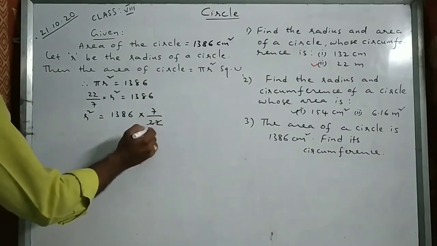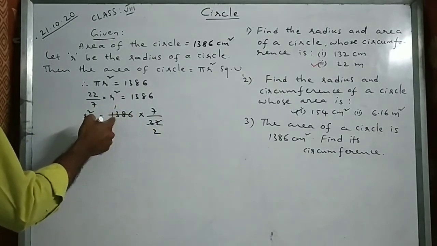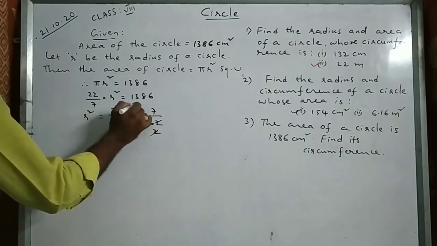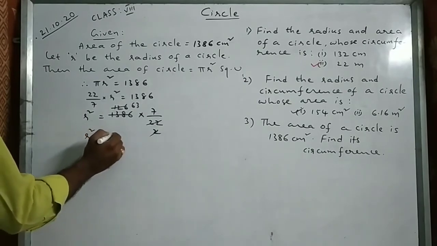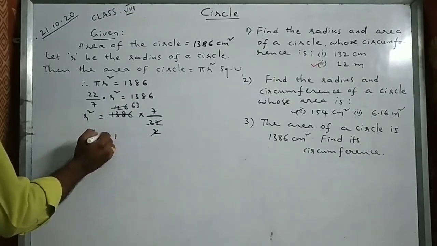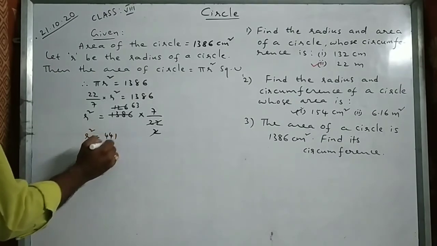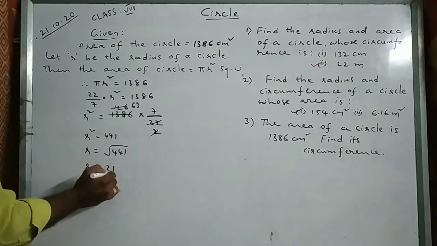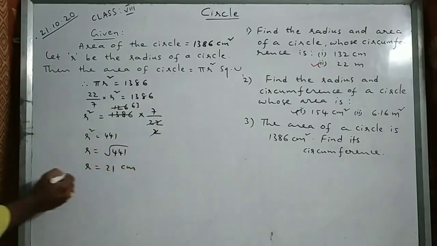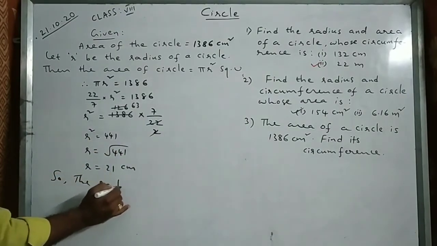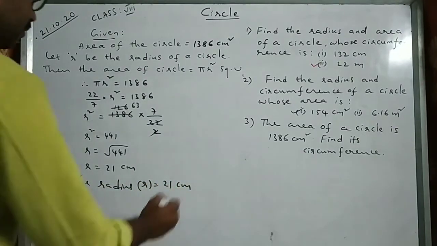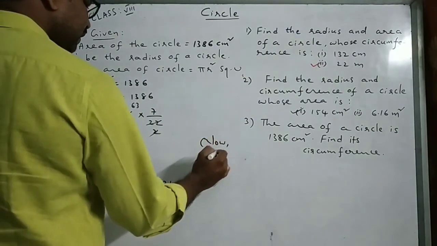Transpose that side. 11 2s are 22, 11 1s are 11, 11 6s are 66. Is it a perfect square now? 441 is a perfect square. 21, I think so. Centimeters. 21 21s are 441, correct? So the radius we got is 21 centimeters. What did they ask now? Now circumference they are asking.